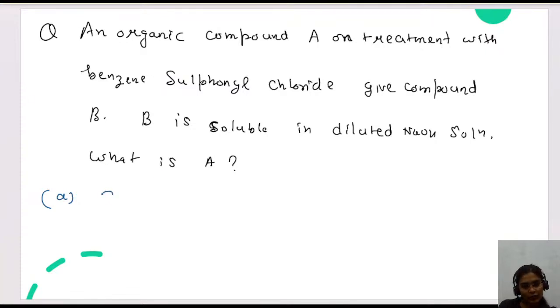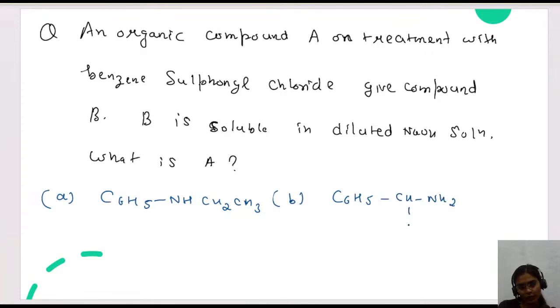Let me write the options. Option A is C6H5, which means benzene, and this is NH, CH2 and CH3. Option B: C6H5, CH, NH2, and this is CH3.